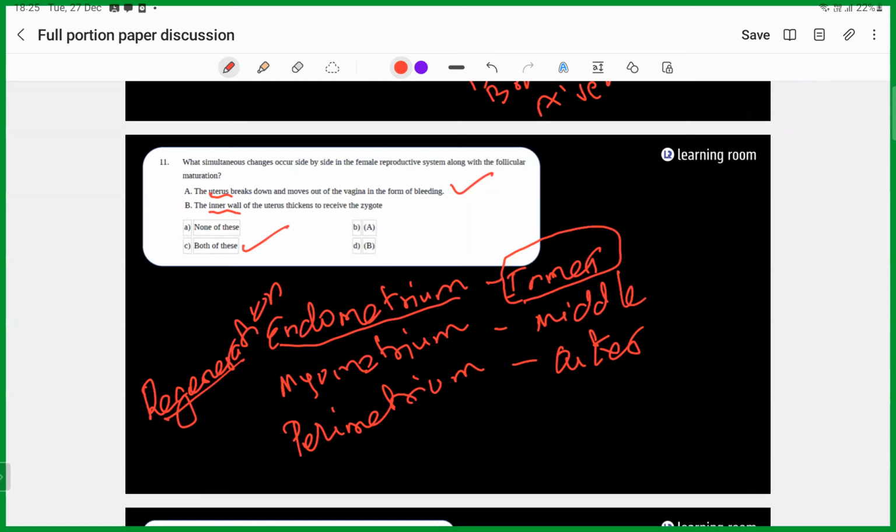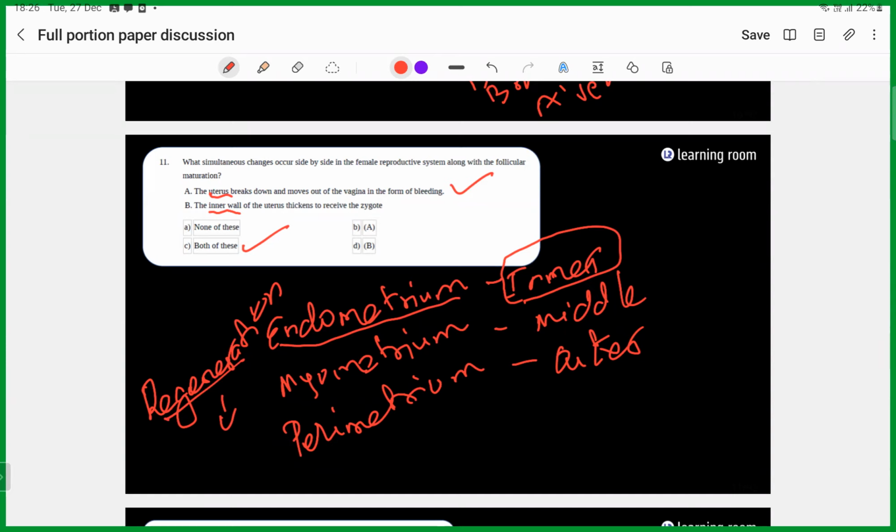But they have asked what changes occur side by side with the follicular maturation. See, in the menstruation, the old tissues of endometrium break down and then immediately followed by growth of what?